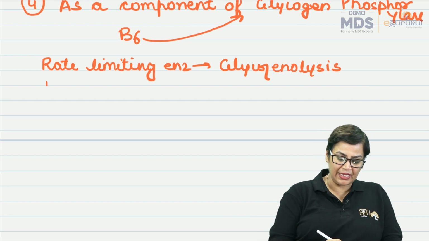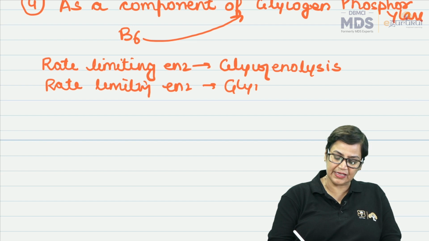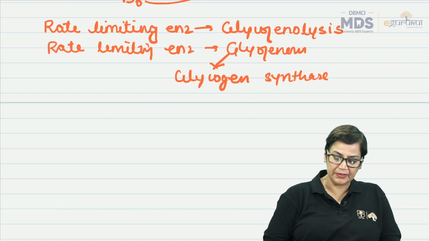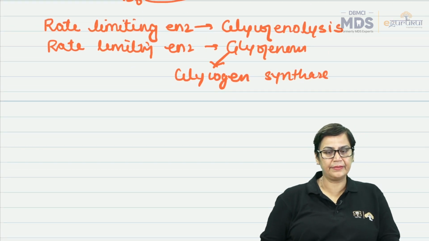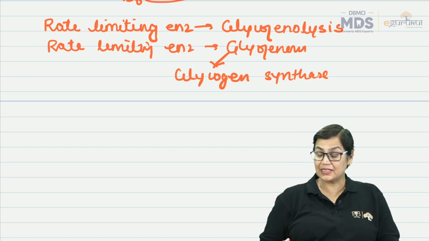And the rate limiting enzyme of glycogenesis is glycogen synthase; I'll write it here so that you revise it. So this is again a very important function of B6.